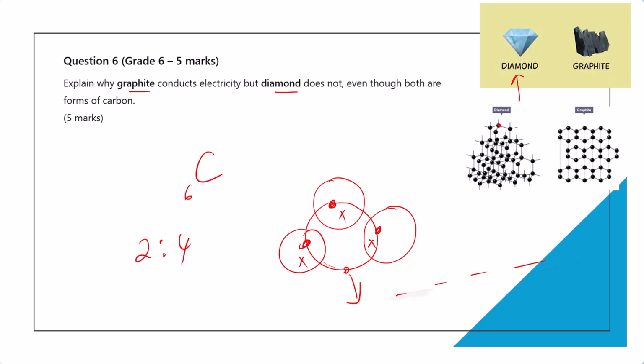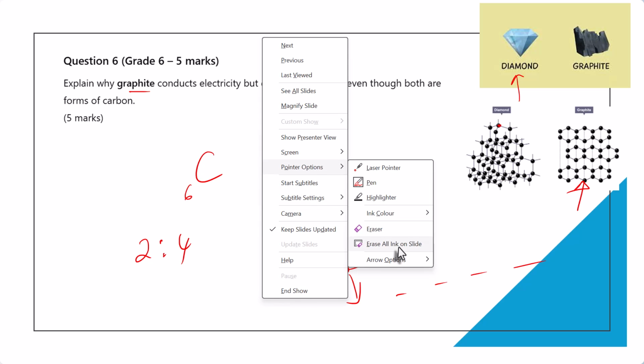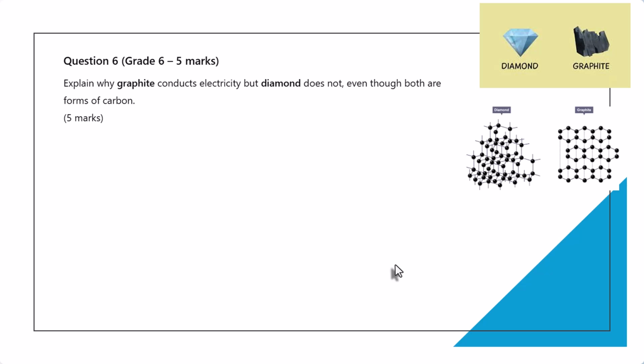That makes graphite conduct electricity. When you have free delocalized electrons, they can move around carrying charge. That's electricity. So graphite can do that. Explain why graphite conducts electricity but diamond doesn't. Graphite has free delocalized electrons that can move charge, but diamond doesn't.